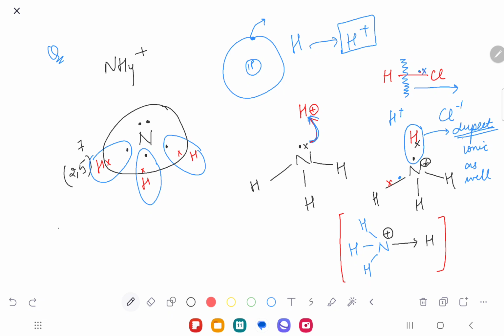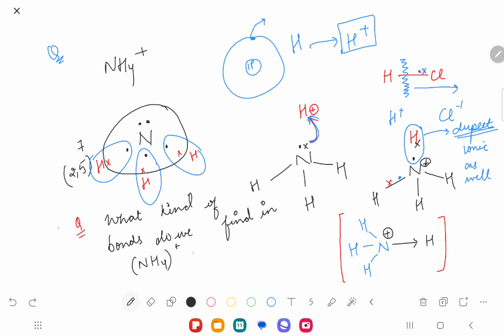Now the question that will be asked from the bonds concept is: what kind of bonds do we find in the ammonium radical, or ammonium polyatomic ion?